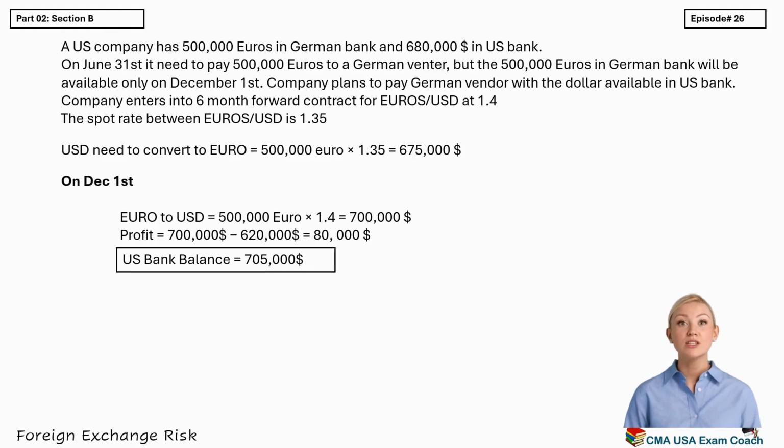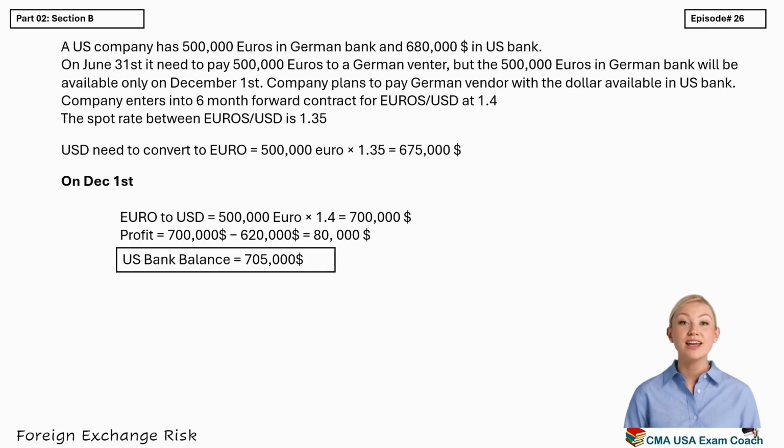Step 1. Convert dollars to euros at the spot rate. To pay 500,000 euros today, the company needs to calculate how many dollars are required at the spot rate of 1.35 euros per dollar. So the amount of dollars required equals 500,000 euros multiplied by 1.35, which equals $675,000. This means the company will use $675,000 from its US bank account to buy euros and make the payment.